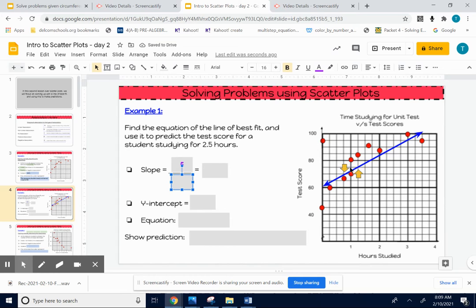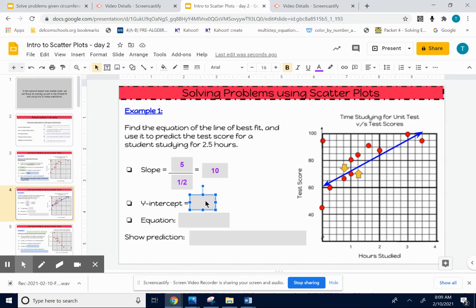My run looks like 2, but remember, 2 spaces on the x-axis is a half hour. So I'm really going up 5 over a half. If I wanted to simplify 5 divided by a half, I could use a calculator, or I could copy, change, flip, and make it 5 times 2 over 1. I get 10.